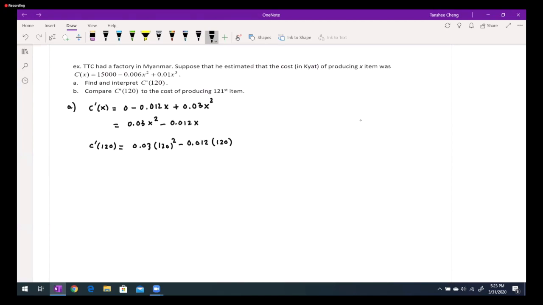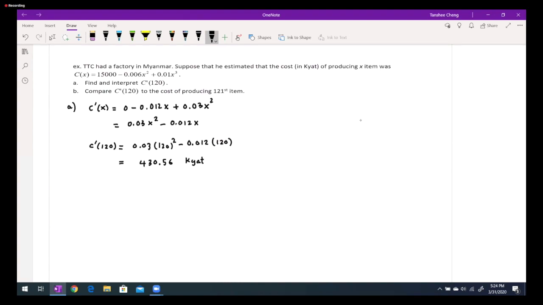When you use a calculator to compute this, that will give me 430.56. And this is in kyat, the currency of Burma. So finding the derivative is easy. Evaluating the derivative is also easy.